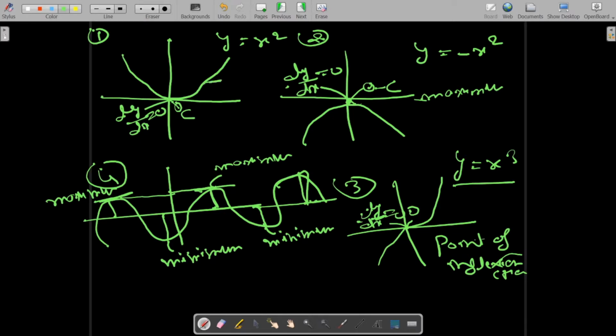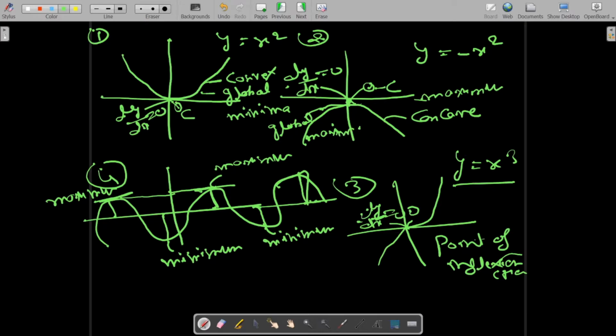In this graph, the first one, first of all, this is called convex function. This one is called concave function. As I said, this is the point of inflection at this point. You can see it is taking global minima. This one is taking global maxima, and this particular graph is having multiple local maxima or multiple local minima.